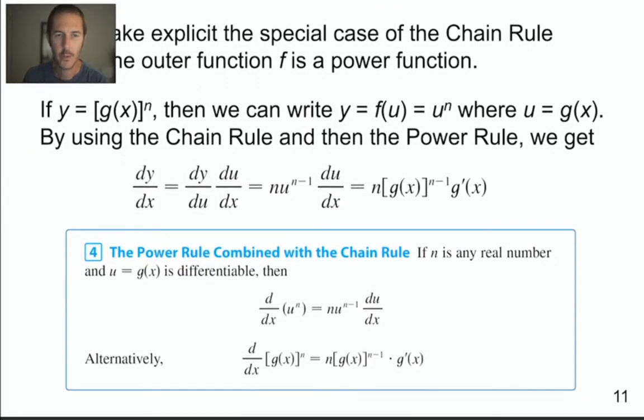And then here is a generalized conversation about a scenario, a set of circumstances that is very common to run into, and that's where we're taking an expression and raising it to a power.